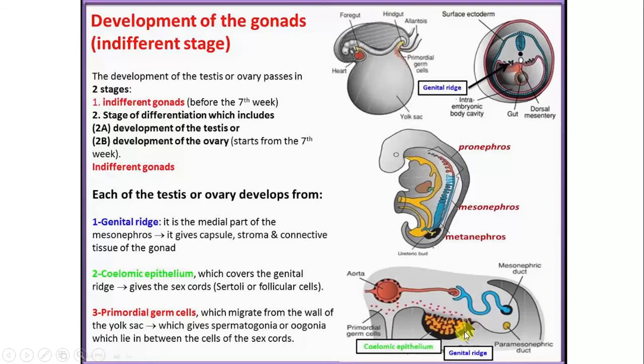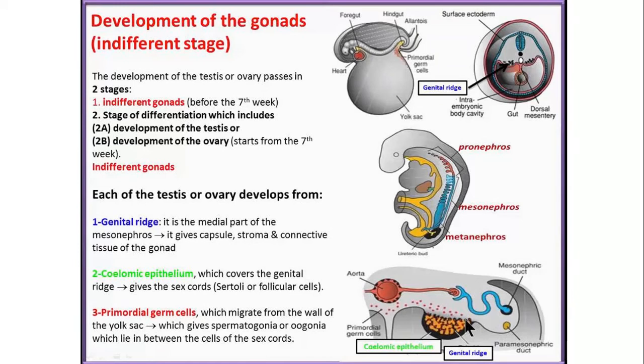Here, if we see in this slide, this is the genital ridge, and here is the coelomic epithelium, and here are the primordial germ cells which are coming along the dorsal mesentery to the developing gonads. So the indifferent stage actually consists of three parts.